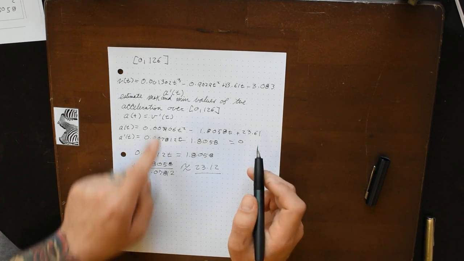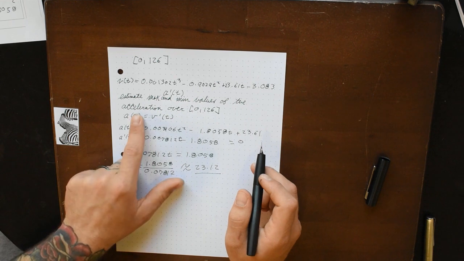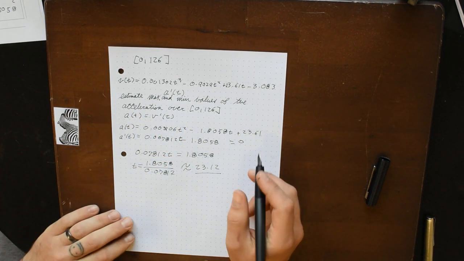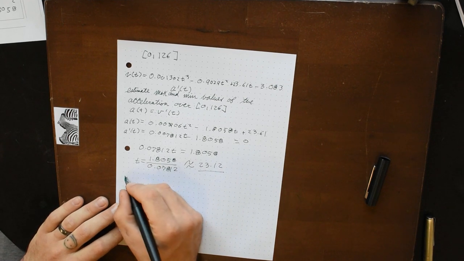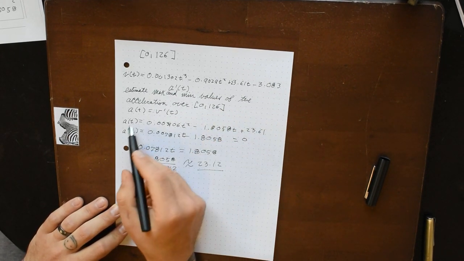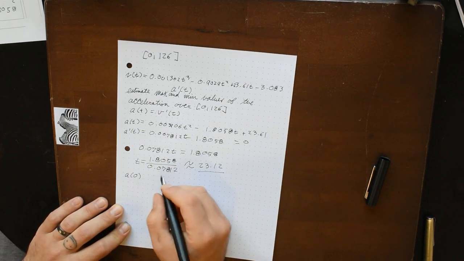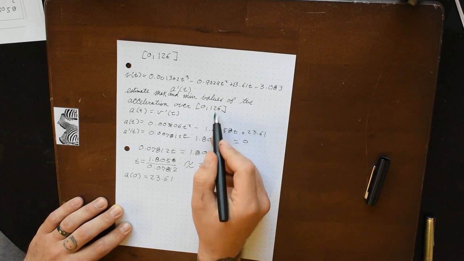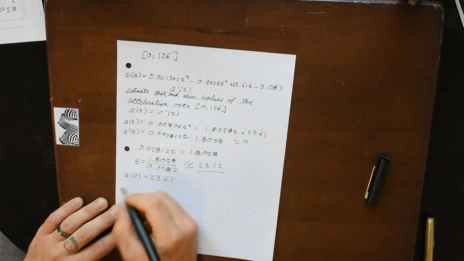So, if we want to find the maximum and minimum values of acceleration over this interval, now we test, in this problem, 3 points. We need to figure out what the acceleration was when t is equal to 0. Well, a of t is just going to be 23.61. We need to figure out the acceleration at the other endpoint.